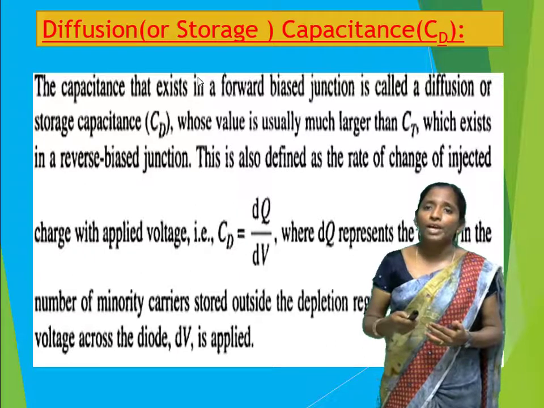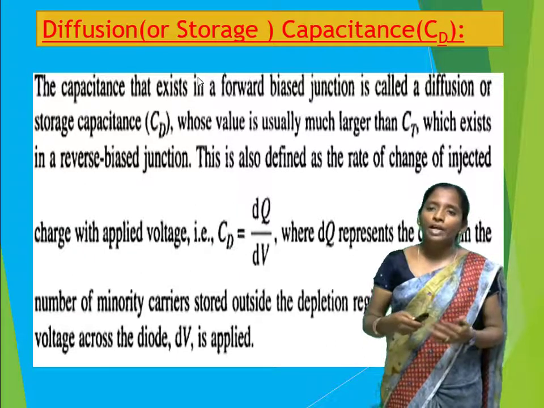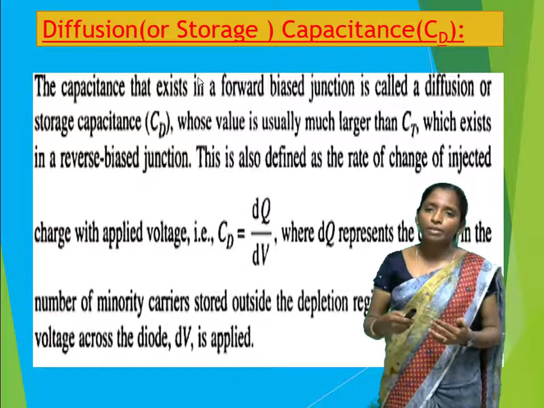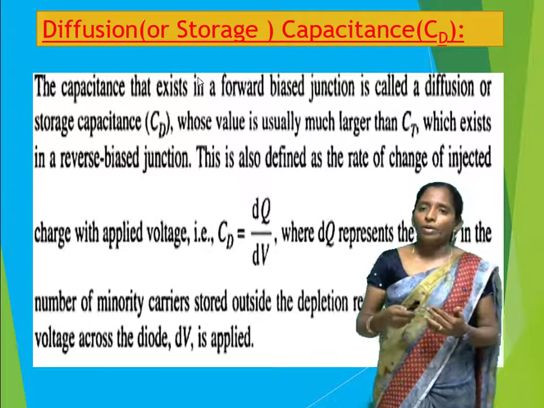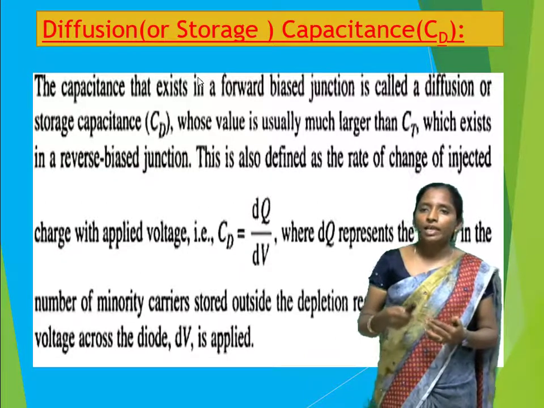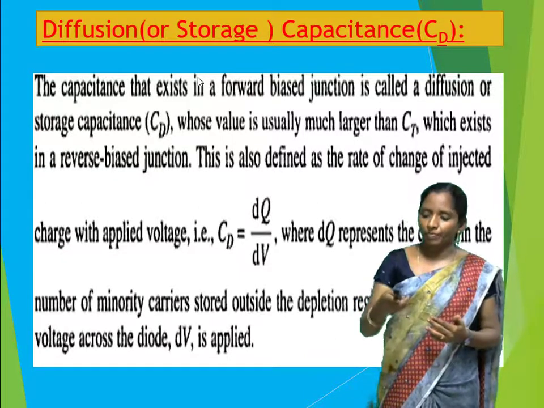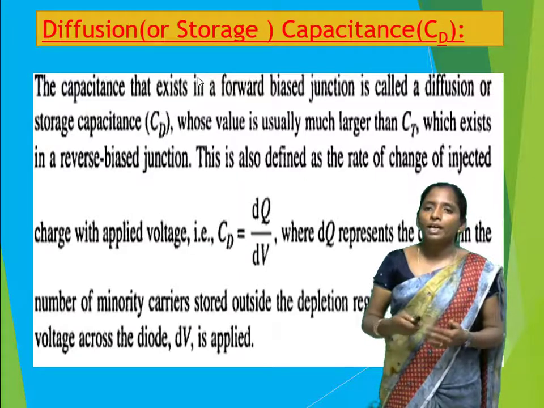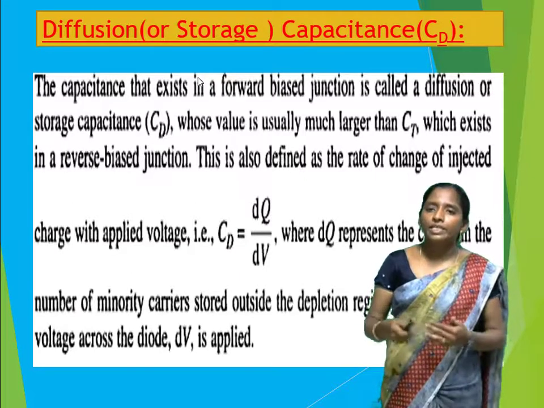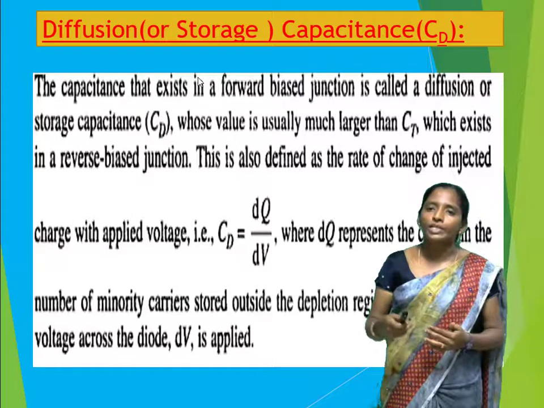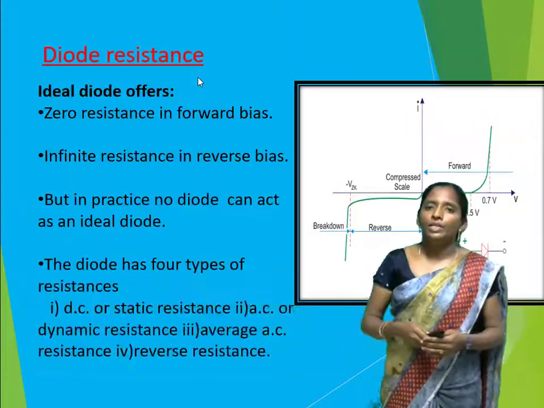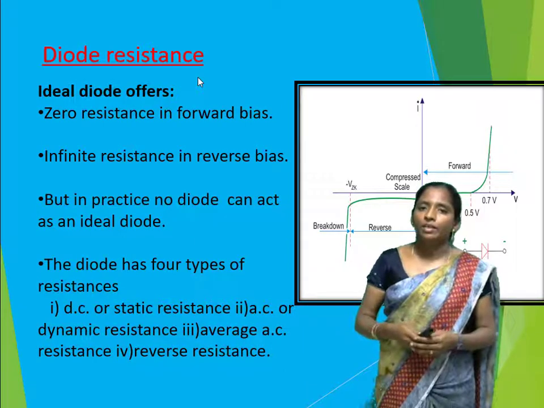CT at no bias condition is maximum, at reverse bias condition it is minimum, and at forward bias condition CD is minimum. So this property, that capacitance varies with the voltage, is used in the varactor diode.